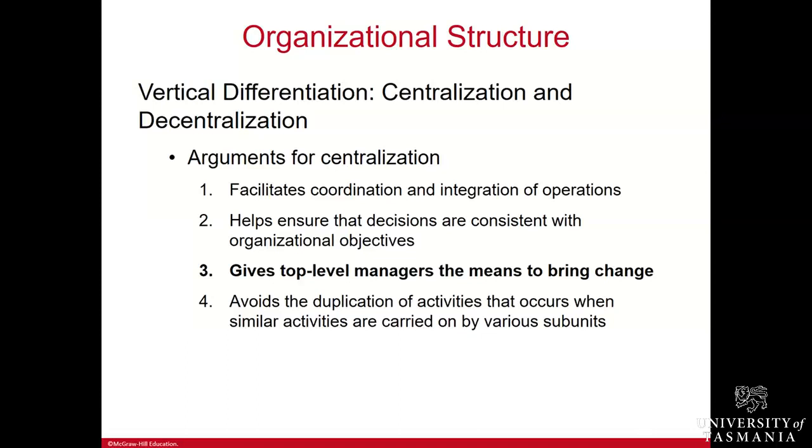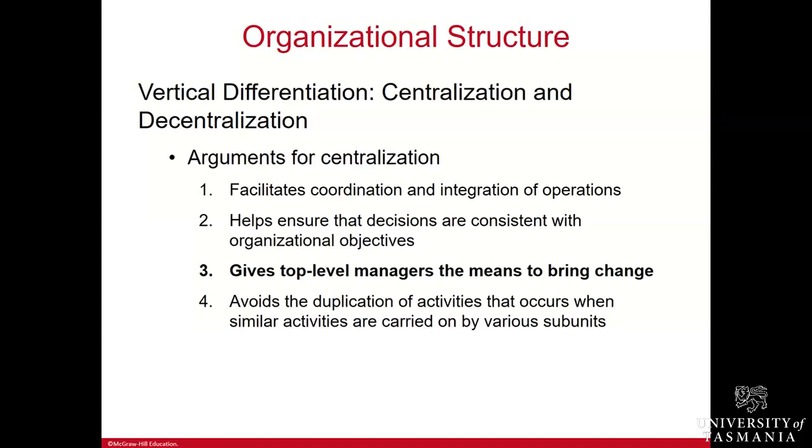Top manager has the right, top manager has control. And in this system, it avoids the duplication of activities that occurs when similar activities are carried on by various subunits. What it says is, if a company is decentralized, every subunit might have similar activities to make a decision, similar management problems or issues, and every subunit is dealing with these.